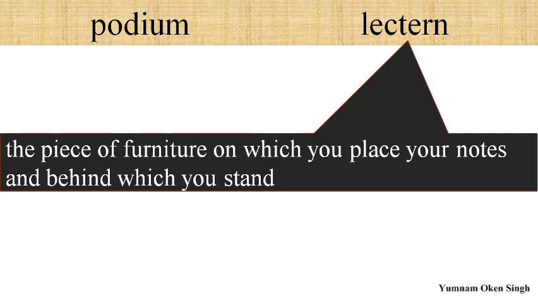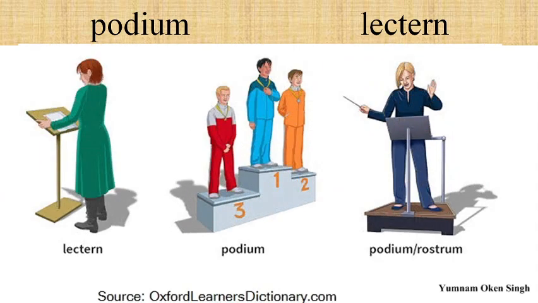Let's see example here in this picture. In the first picture you see a lady in green. She's standing not on a lectern but behind a lectern. And then you see 3 athletes standing on a podium. And finally, you see the lady here, she's standing on a podium.